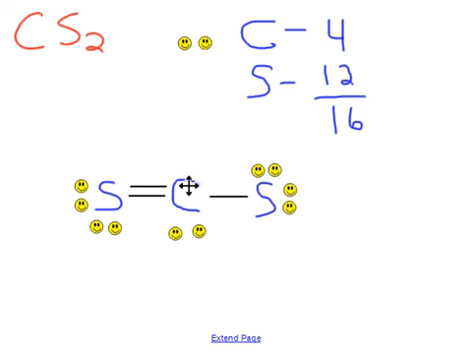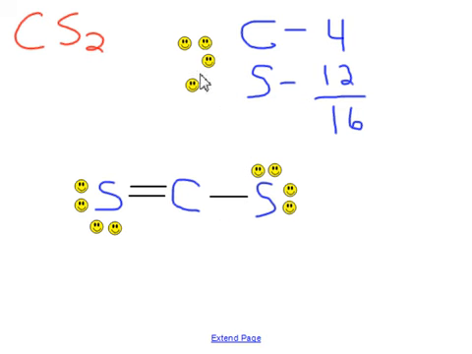Now carbon still has its 8 electrons because there's 2, 4, 6, and the 2 lone ones that are there for 8. But now I've satisfied this sulfur's rule of 8 for 2 and 4 and 6 and 8. And so those are good to go. So now basically what I need to do is do the same thing on the other side. I need to steal these 2 electrons from carbon that aren't doing anything. Remember, it already had 8, and I'm going to just shift it over and form a double bond.